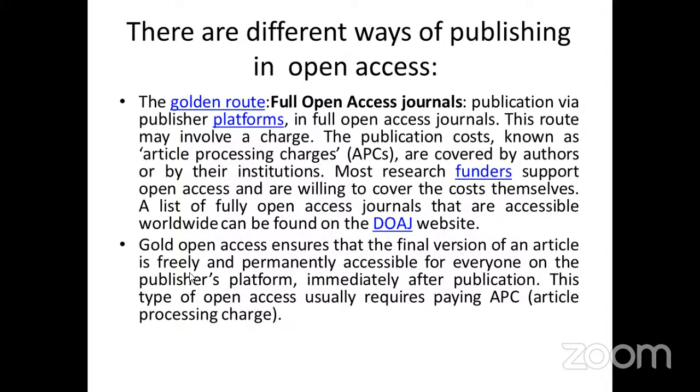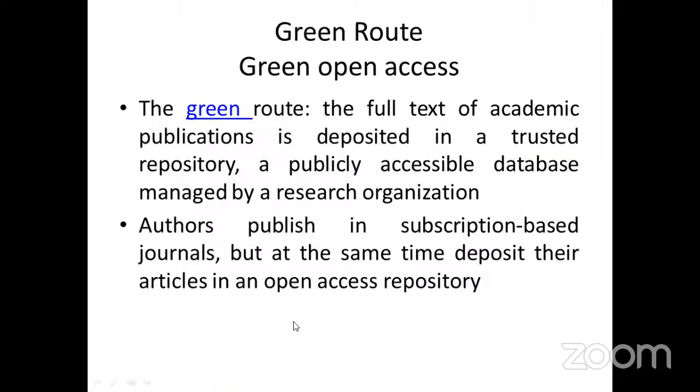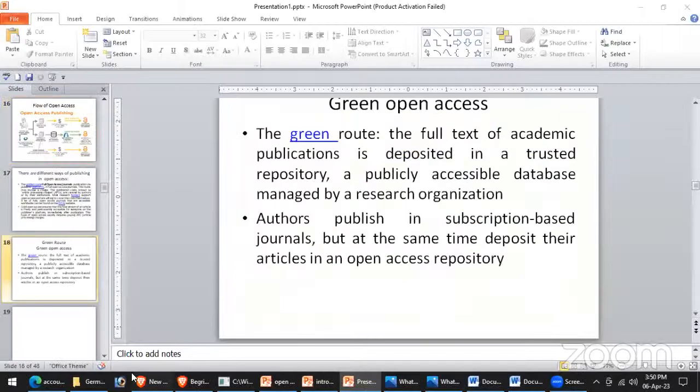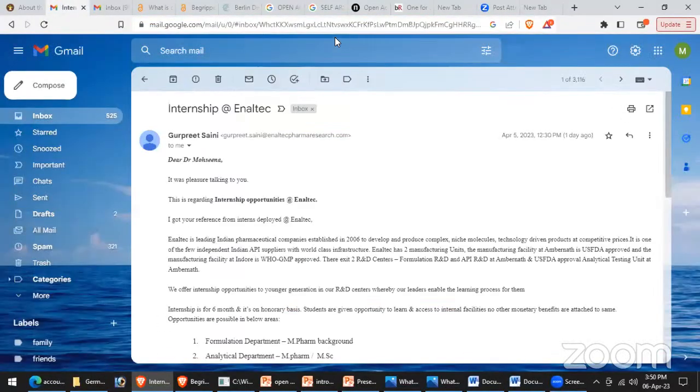For example, I have a proceeding. I have done one of my papers. I just want to show you so you can have a clear understanding. One of my papers is there, so I'll show you.